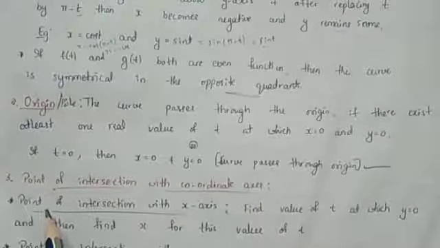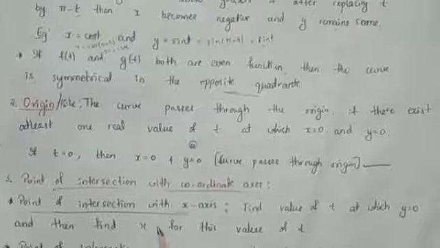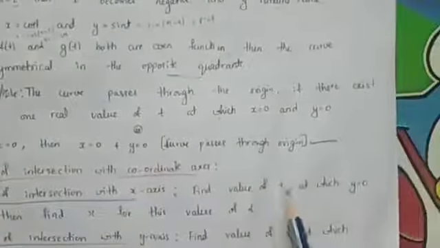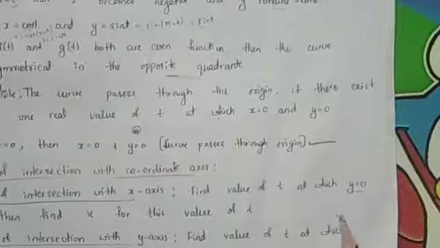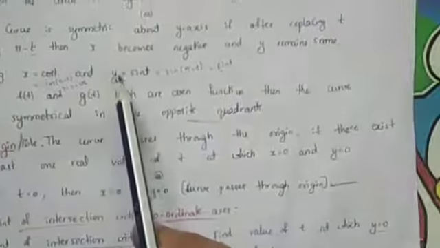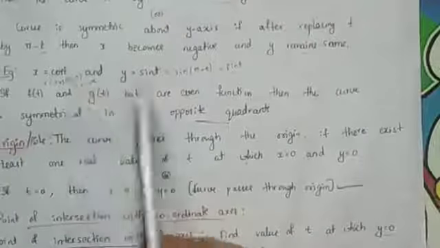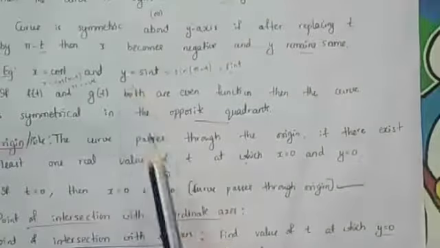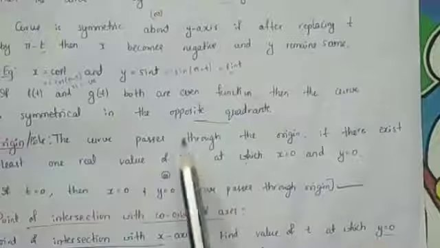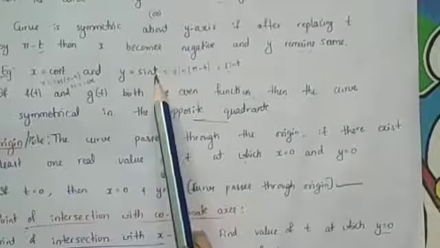In this, the first point is the point of intersection with the x-axis. Find the value of t at which y is equal to 0. At y is equal to 0, you substitute and get the value of t.